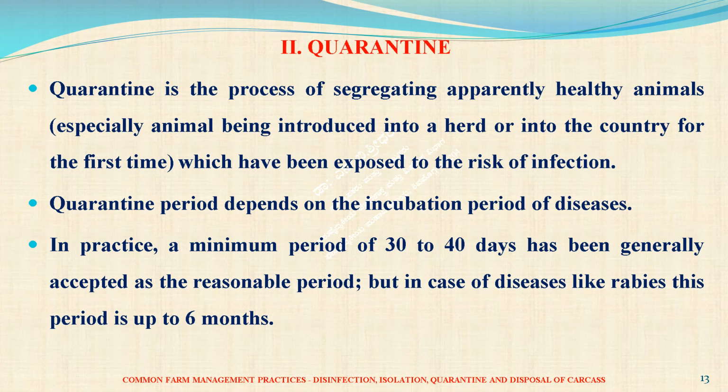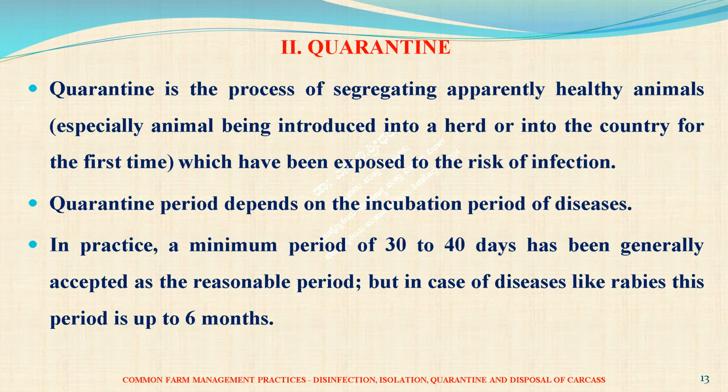Then another term everyone knows very familiarly now after the COVID-19 outbreak or pandemic. Earlier this term was not at all heard by common people. Now everybody understands the word quarantine.